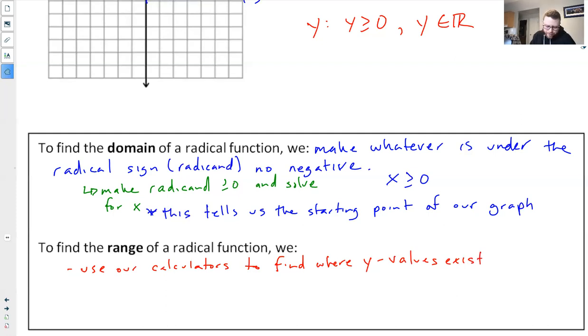For this example, when x is 0, y is 0. When x is -1, I have an error. And when x is 1, y is 1. So my range for this is y is greater than or equal to 0, where y belongs to a set of real numbers. So second graph table, and look for where it reads error in the y column.